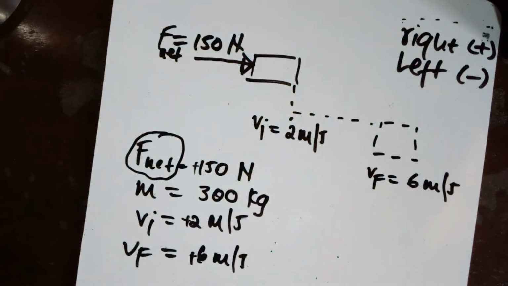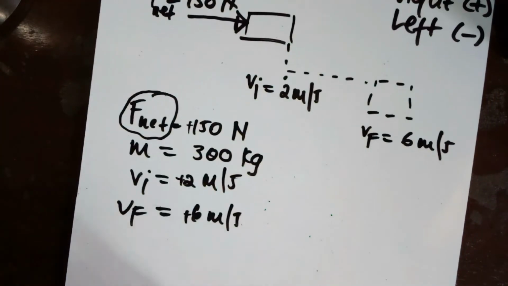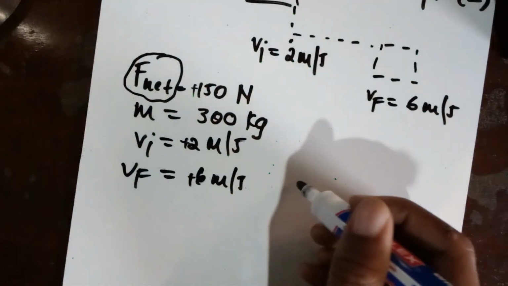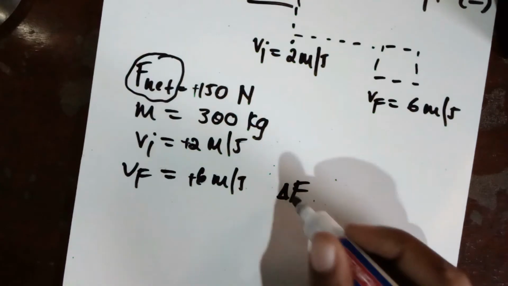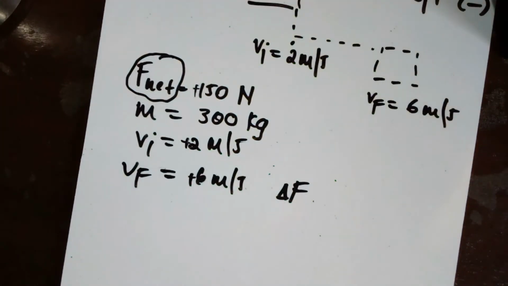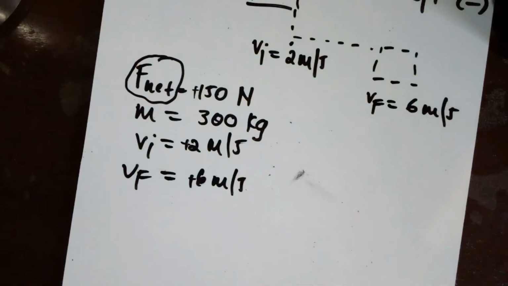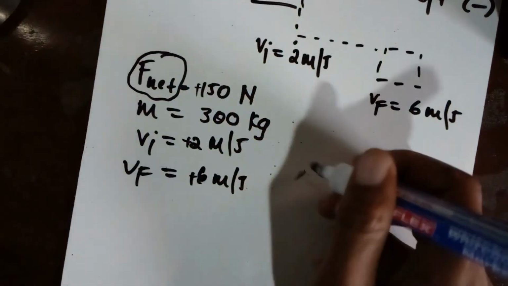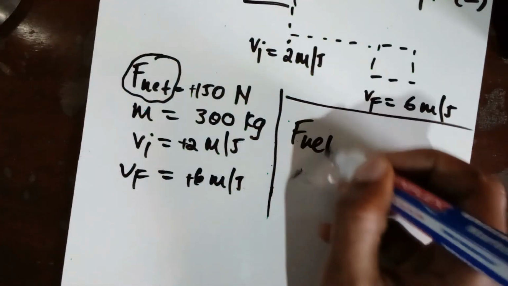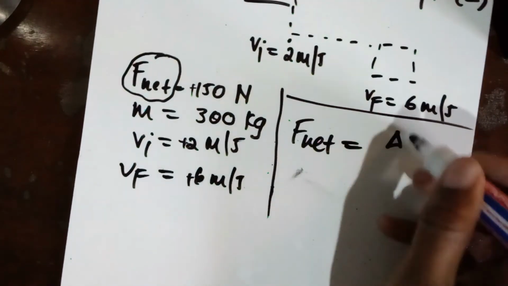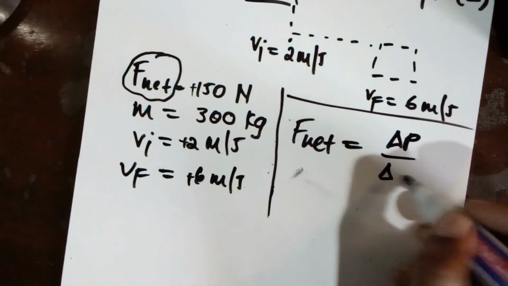Awesome. So now we have to remember the equation that says F net equals change in p over change in t.